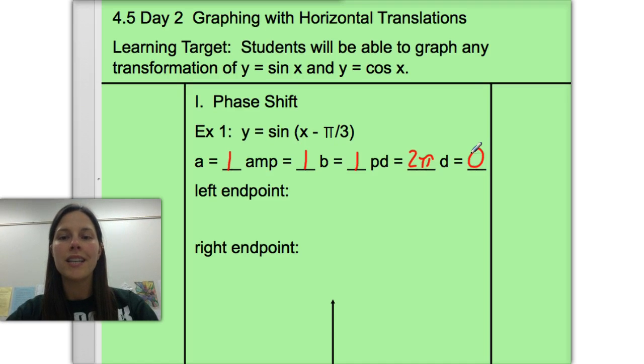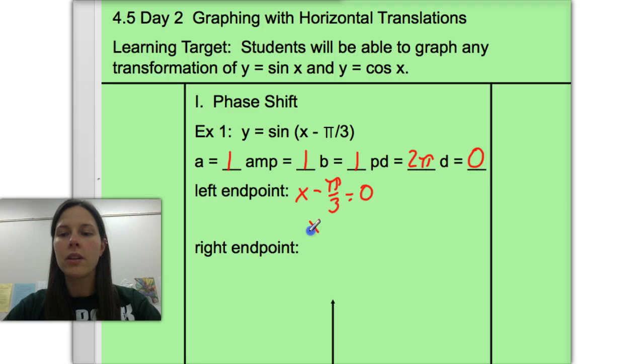So we set what's inside the parentheses, x minus pi over 3, equal to 0, the start value for the sine function. Solving by adding pi over 3 to both sides, we get our new starting value to be pi over 3. The right endpoint for our first period will be setting x minus pi over 3 equal to 2 pi.